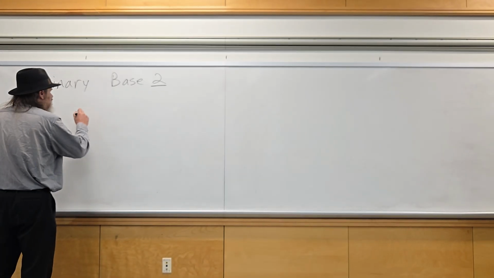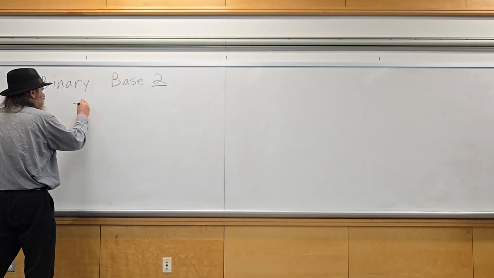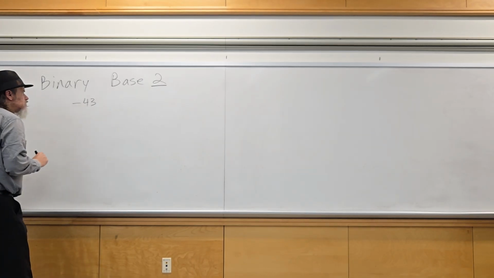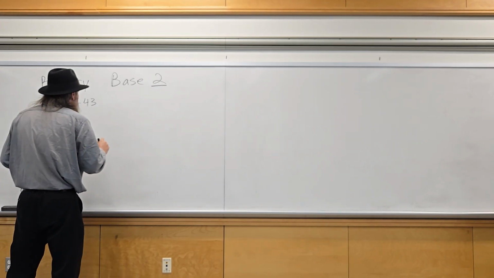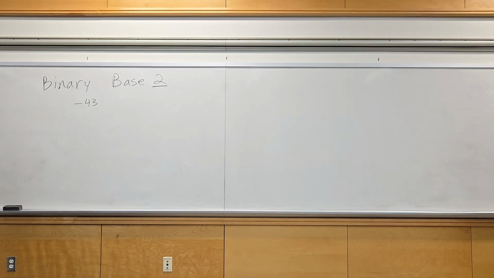So if you have a negative number, say negative 43, the way to represent this number as a negative uses what's called 2's complement.